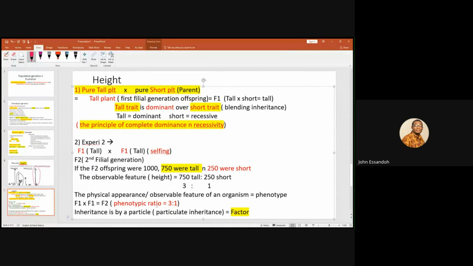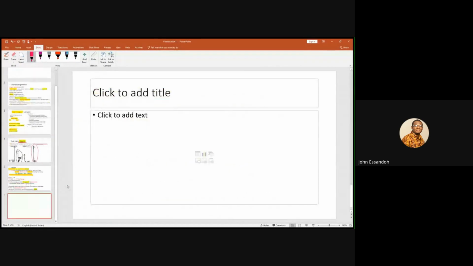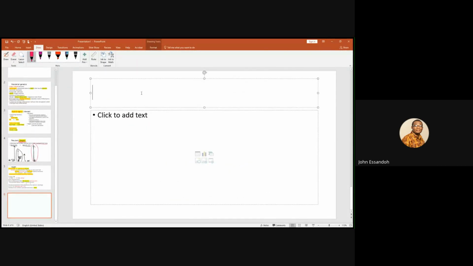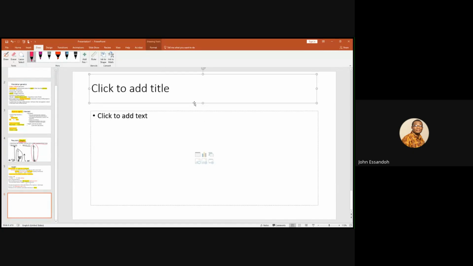So we have the factor. Mendel called that particle a factor. And so what he did was that he came out with a certain law. What he said was that the factors separate as they are passed on from parent to offspring.